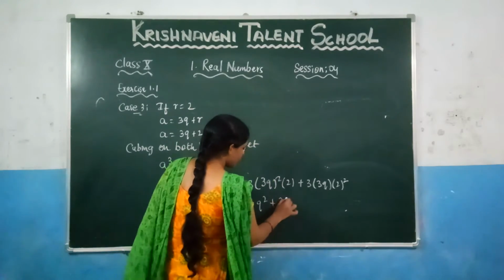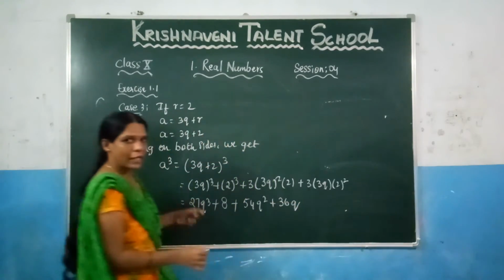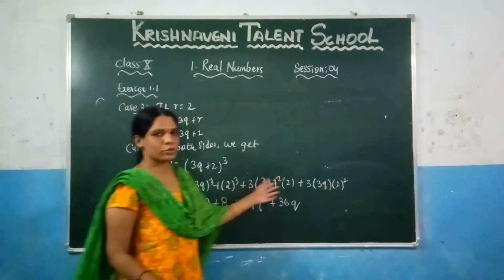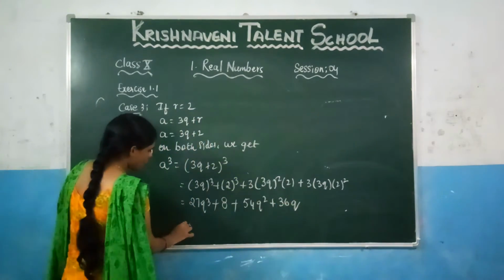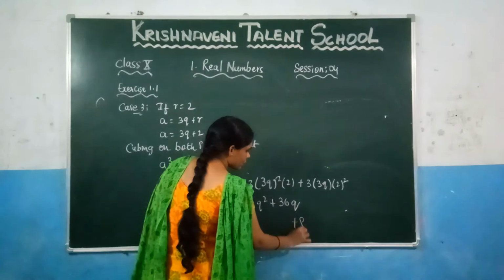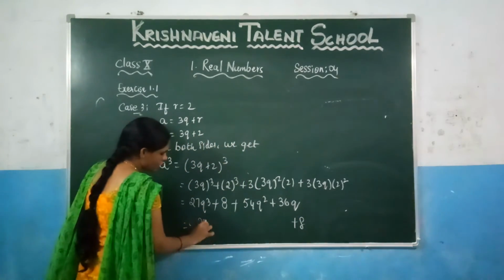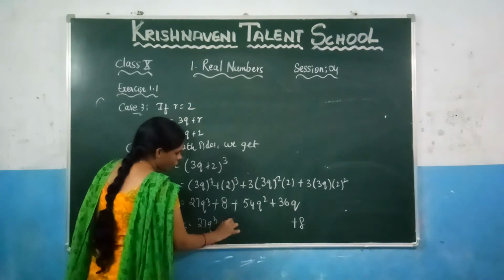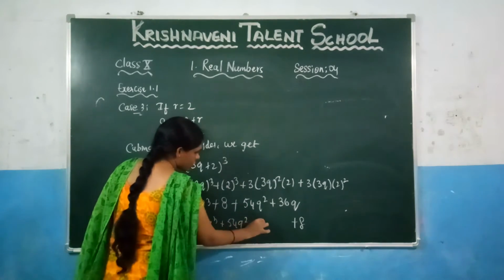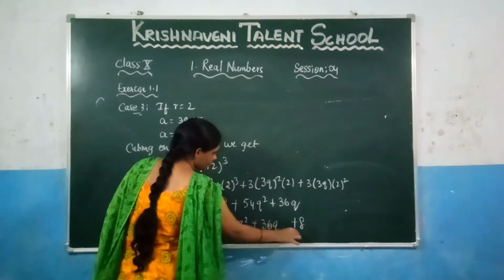So write it here 36q. Now again take this 8 to the right and write it here. At last you write it here plus 8. And what are the remaining terms which are left out here, which are 27q cube plus 54q square plus 36q.